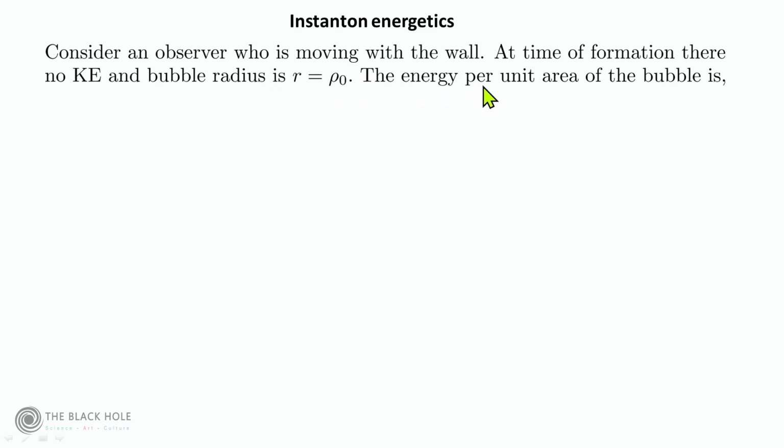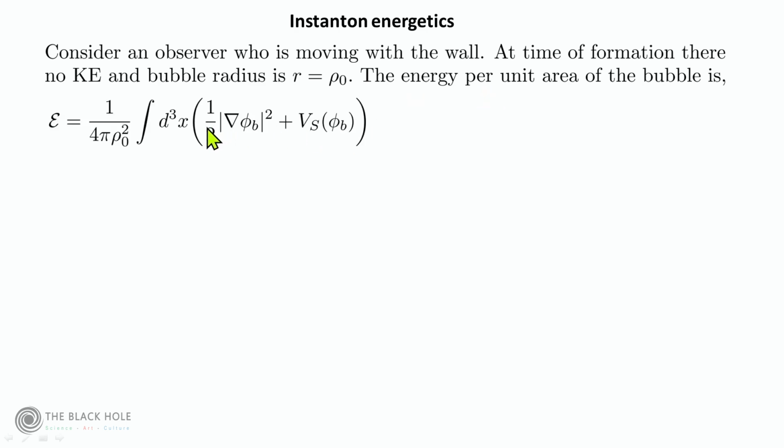The energy per unit area of the bubble is this. What is it? Well, per unit area means we divide by 4 pi r squared, 4 pi rho naught squared. So remember, this is at tau equal to 0 that the instanton was created, which means that rho squared is equal to the magnitude of x squared.